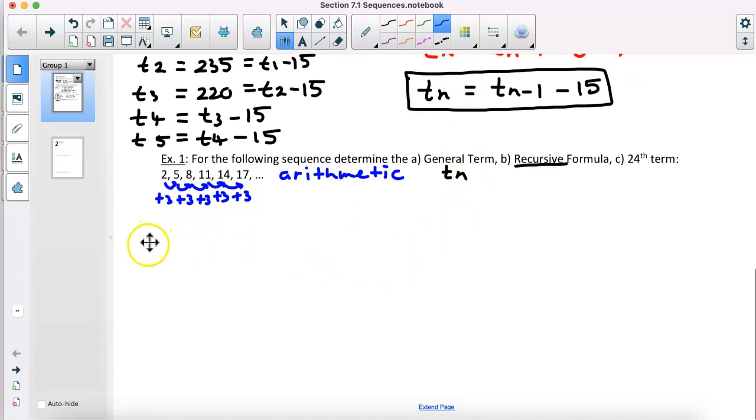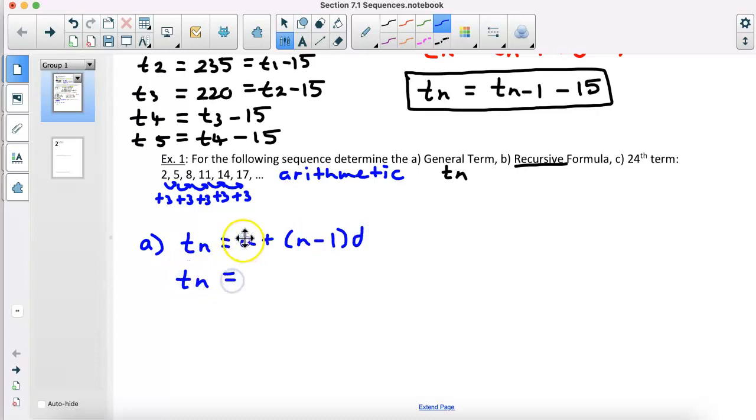Okay, so for the general term, t_n is equal to a plus n minus 1 times d. Here, a represents our initial term, which is equal to 2, plus n minus 1, and the d here, this common difference, is going to be positive 3.